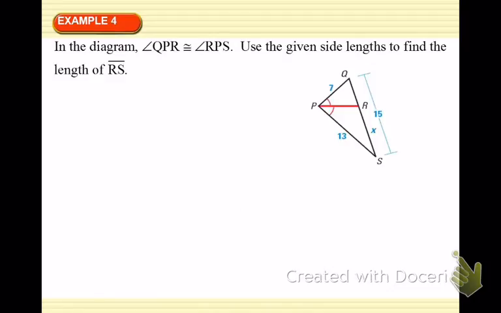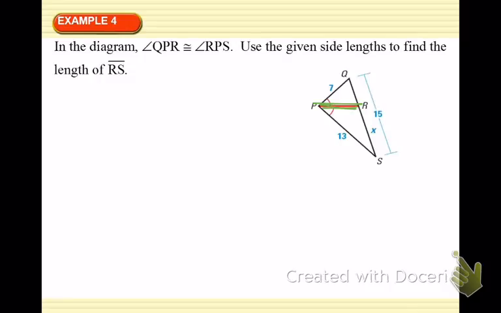In this diagram, angle QPR and angle RPS are both congruent to each other. Use the given side lengths to find the length of RS. We're looking for RS. Okay? All right. Well, here's the thing. Because QPR and RPS are congruent, that means that PR is an angle bisector.